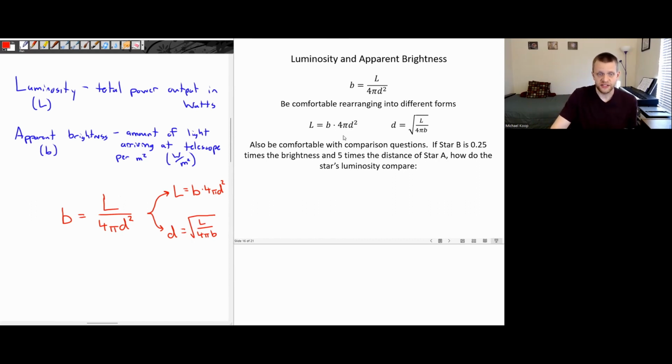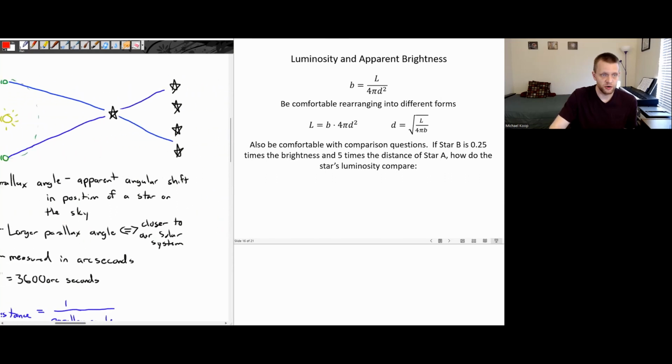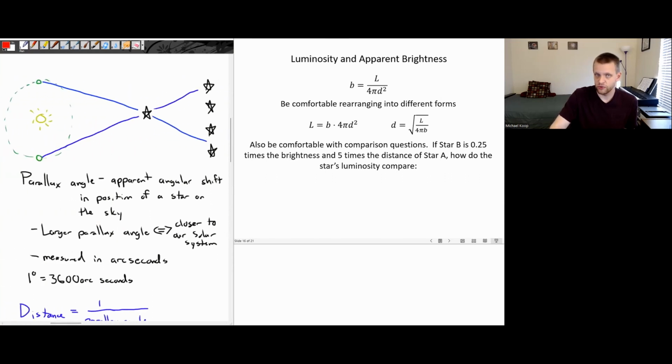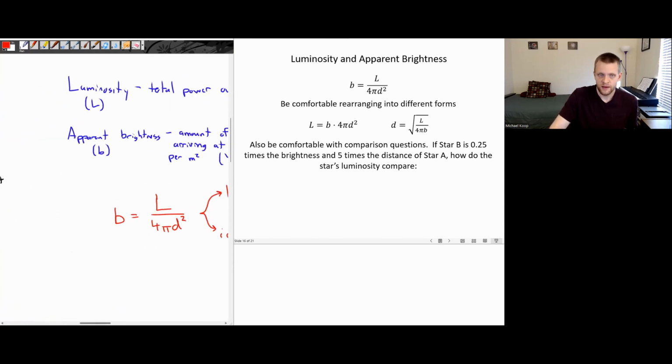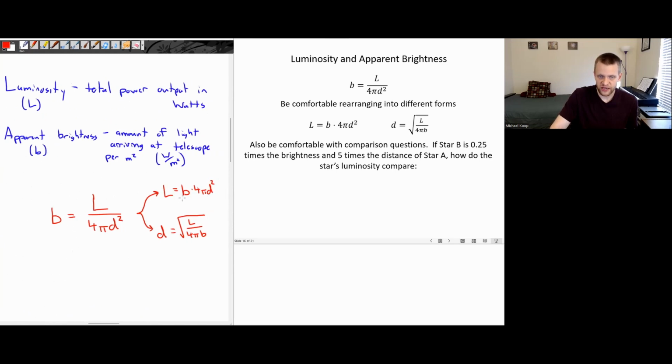And if I know the distance, say I've already done this parallax measurement and I know the distance of that star, if I measure that apparent brightness and I know that distance, I can use that to figure out what the luminosity of the star has to be. Remember, we can't measure this luminosity directly, so we have to infer what the luminosity of the star is based on the apparent brightness and the distance to the star.